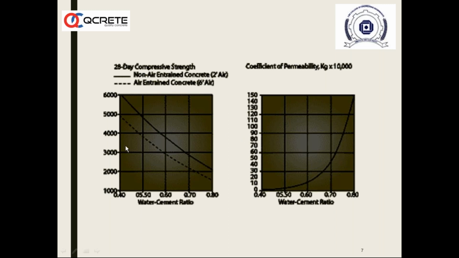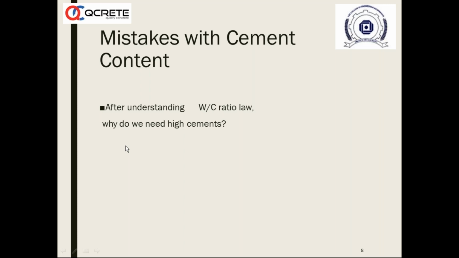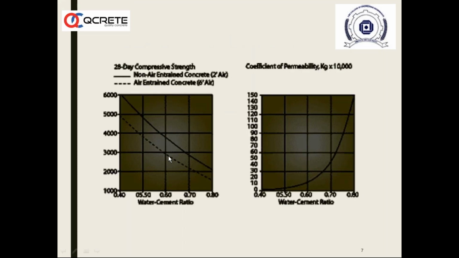We need to see here that the concrete is produced at 40 MPa, at a water cement ratio of 0.4. When it reaches your site, you have to receive the concrete. Here somebody goes on adding water.